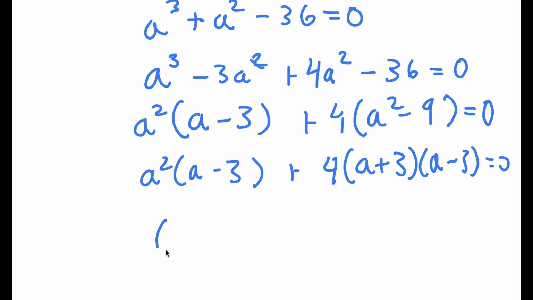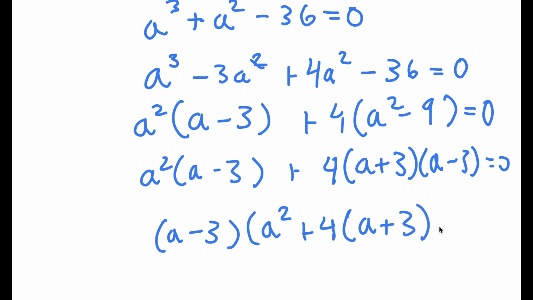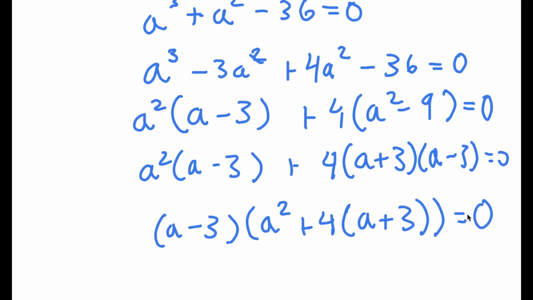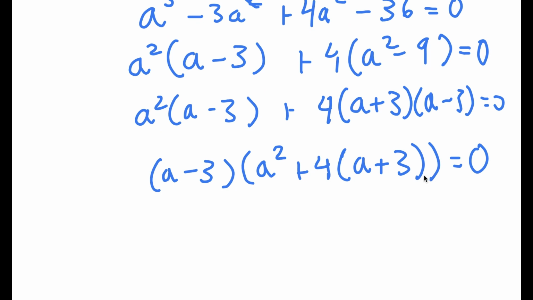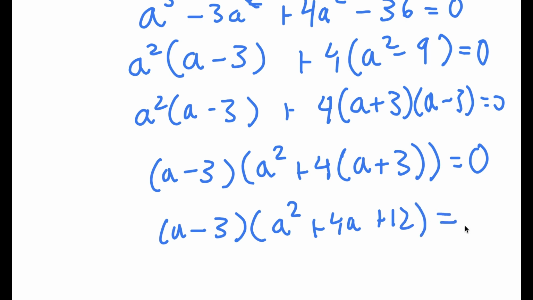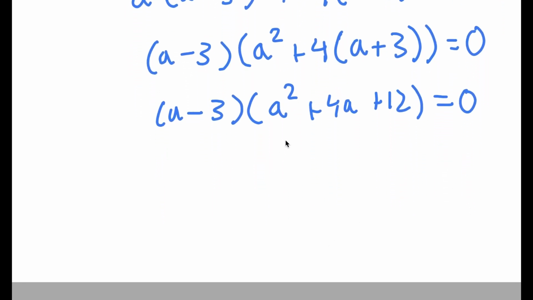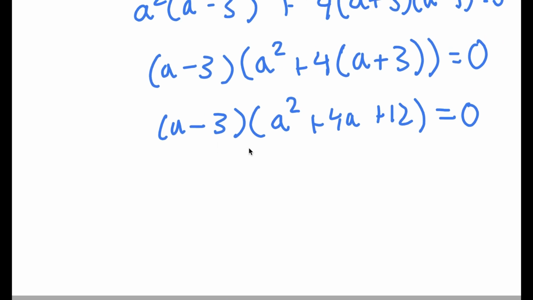So now if I factor out a minus 3, I get a minus 3 times a squared plus 4 times a plus 3, is equal to 0. And this is the same thing as a minus 3 times a squared plus 4a plus 12 is equal to 0. So now this gives me two equations.